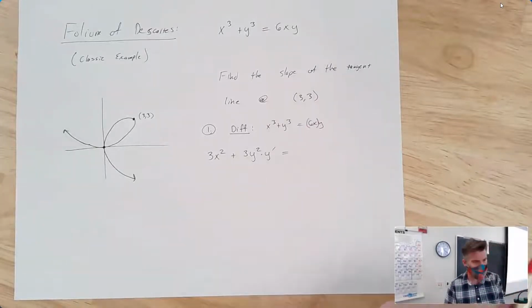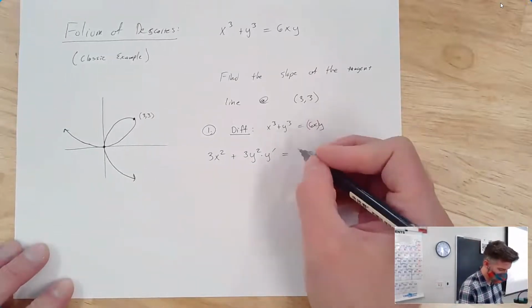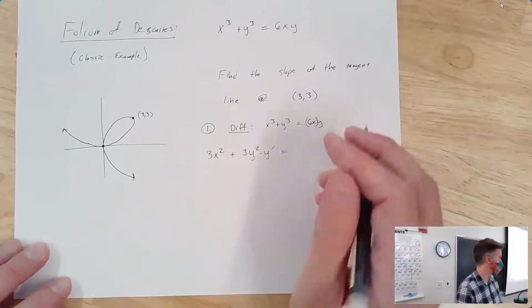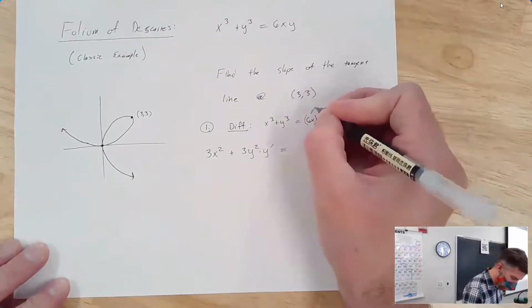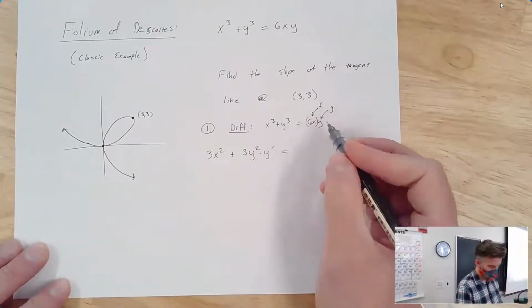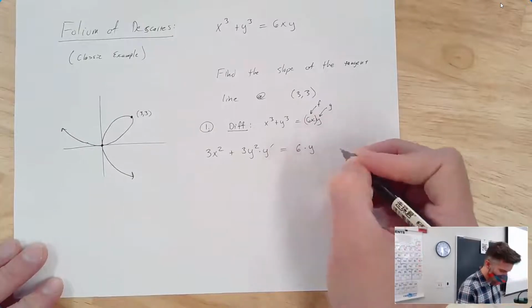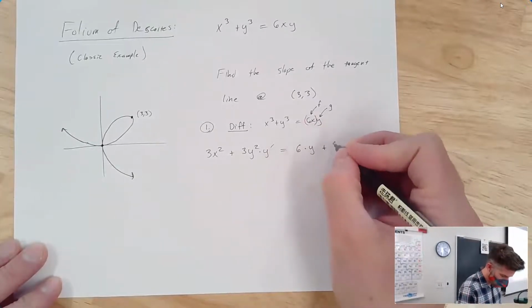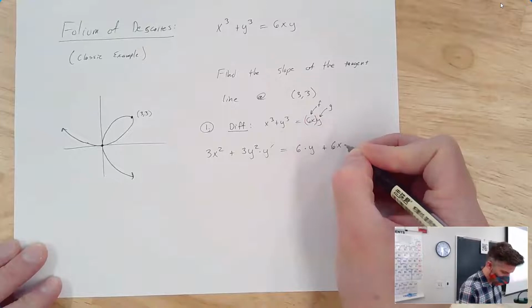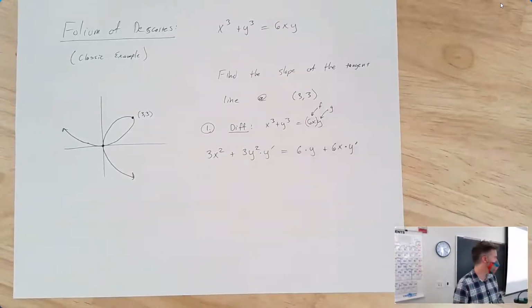I like grouping the 6 with the x, because then using the product rule on 6x, which is my f, and y, which is my g, the derivative of 6x is 6 times y, plus, now we leave the 6x alone and multiply by the derivative of y, which is y prime. I find it nice that way.